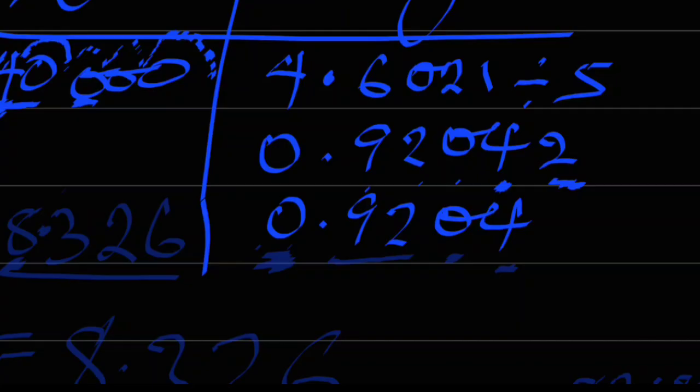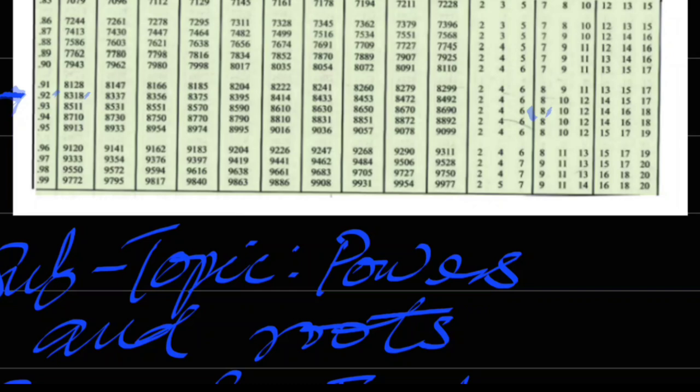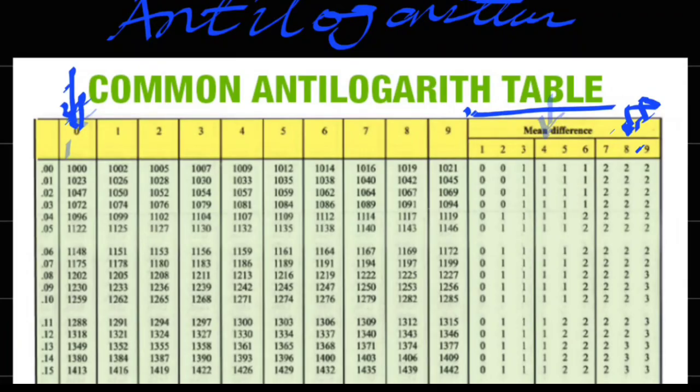Anti-log table now, I will check 0.92 under 0. This is 0.92, under 0.